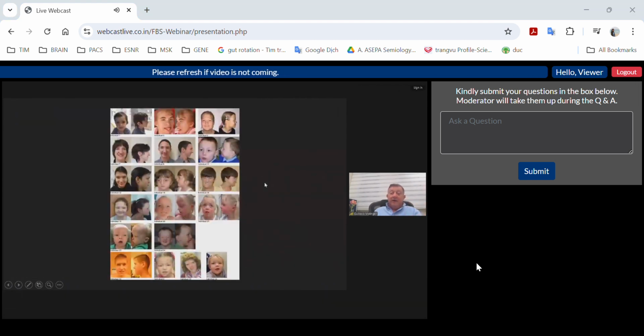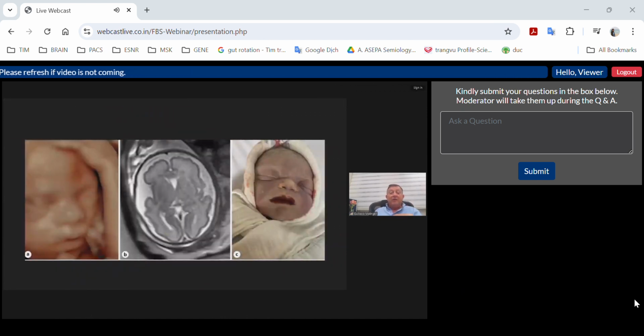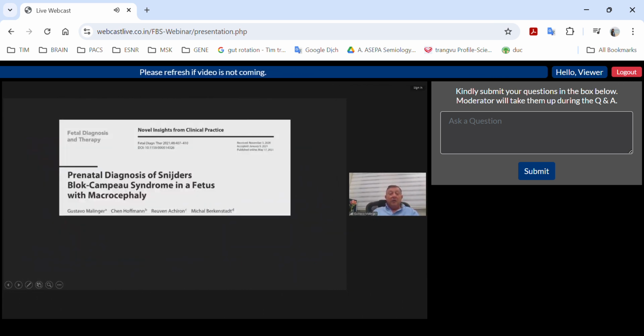So we asked for a review of the MRI. This is how these individuals look, and you can note here that also in the MRI there was an increased size of the subarachnoid spaces, and when you look at the child, the face was a little bit dysmorphic, but nothing else.